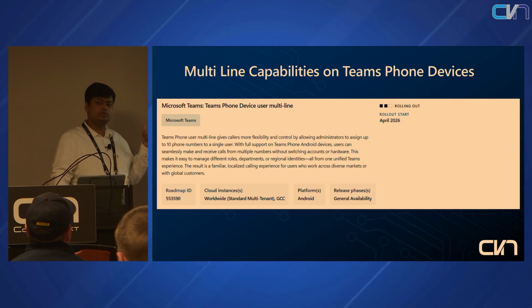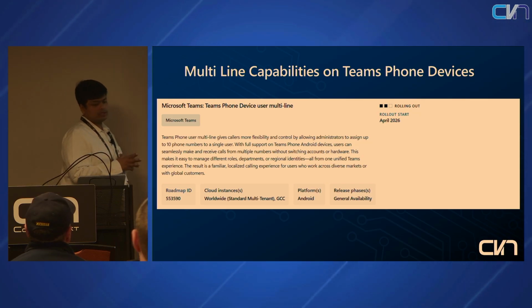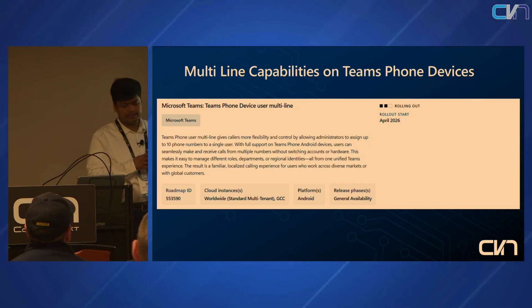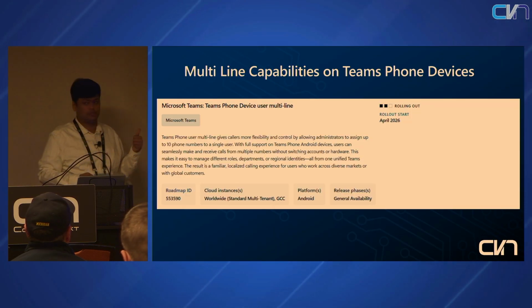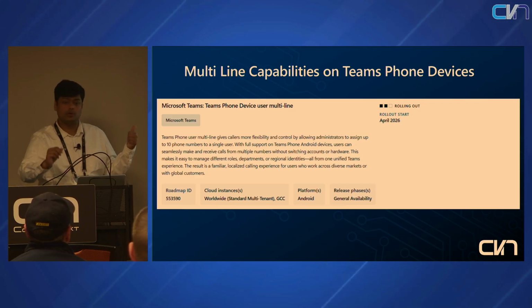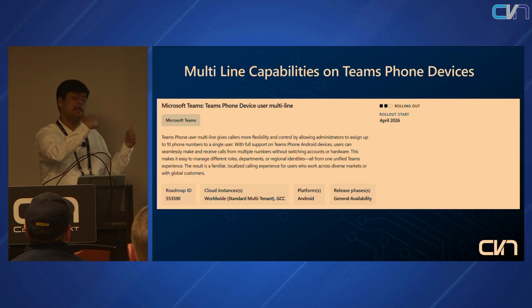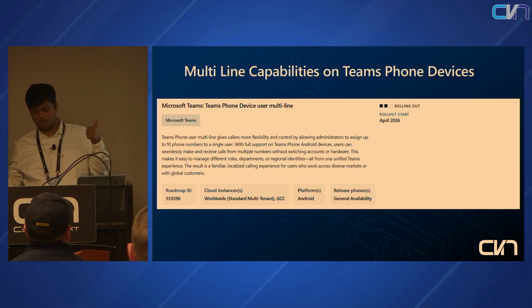Primary would be one, and then you'll add 9 more. Now, there was a limitation when you assign this feature. When you assign your primary DID, it takes in your location. It takes in which country the user is assigned, not in the Teams admin center, but in your Microsoft 365 admin center, where you have a country defined, whether it is United States, UK, or Germany.